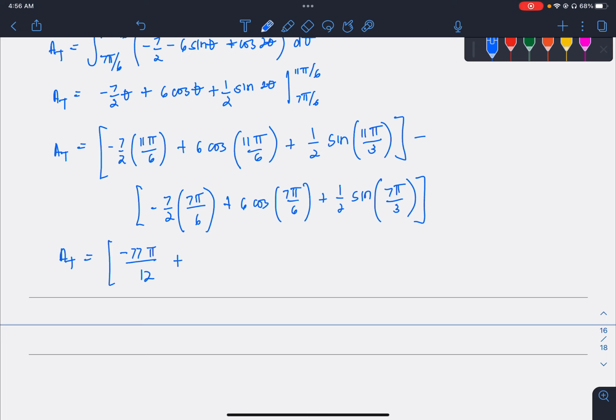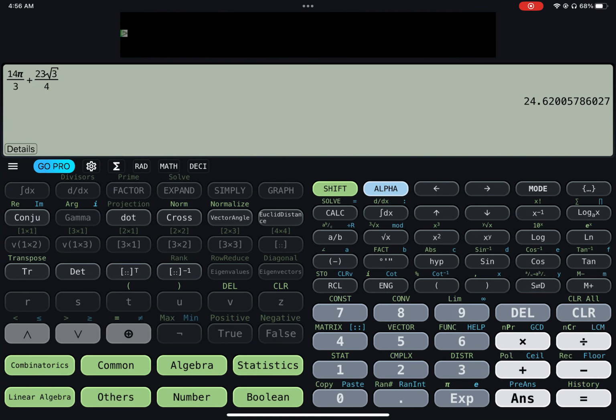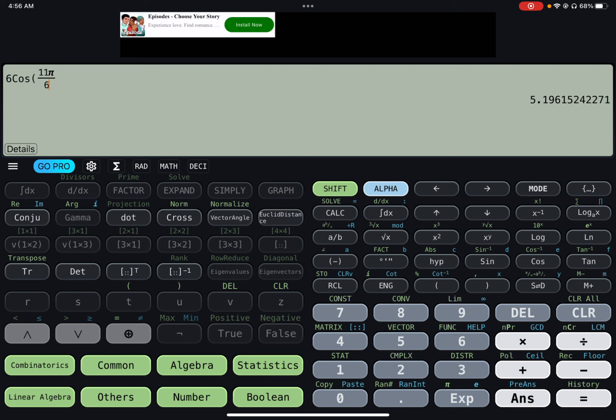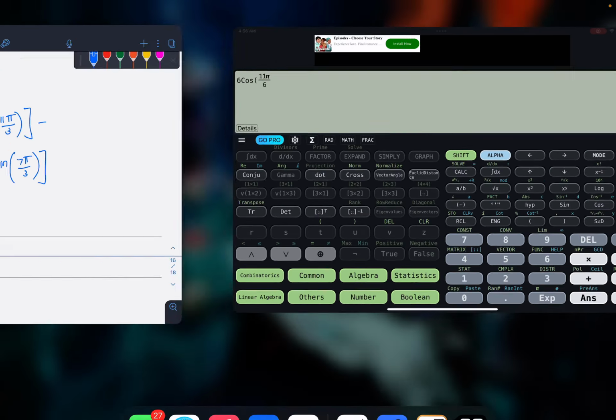And then plus 6 cosine 11 pi all over 6, which should be in fraction. So 3 square root of 3.